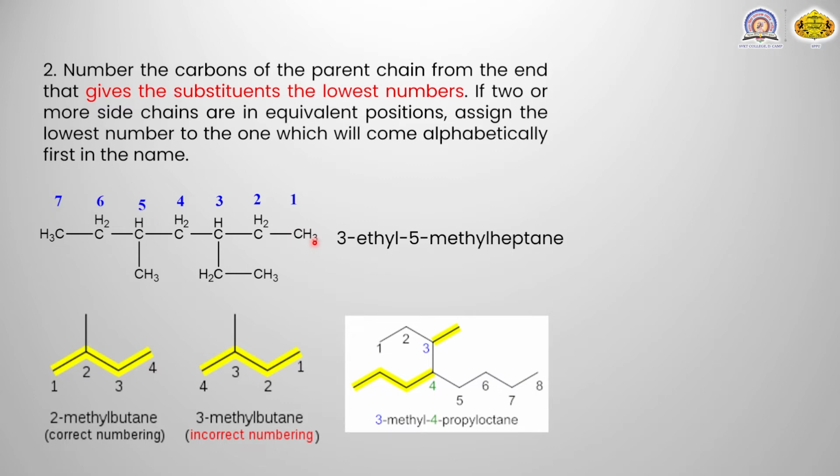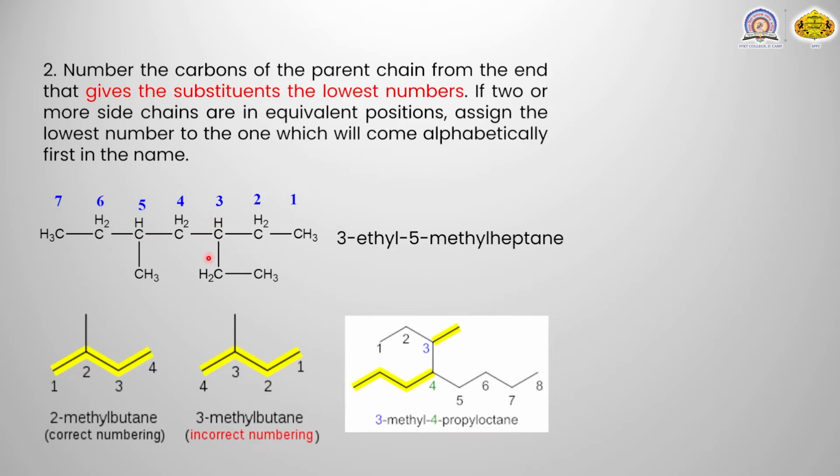So to give the number in the proper direction, the substituent which comes alphabetically first is given its number first, then the second. In alphabetical order, E comes first, then M. To follow that rule, we have to give the numbering from this side: 1, 2, 3, 4, 5, 6 and 7.